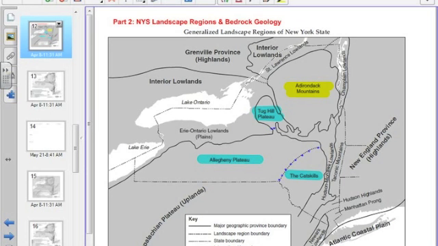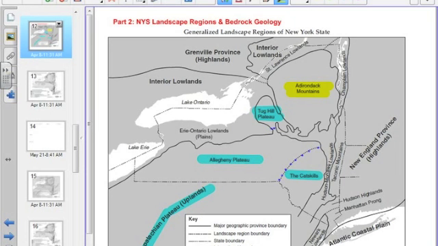But this is one very large plateau area. Speaking of large plateau, if we extend beyond New York State, the area into Pennsylvania that is called the Appalachian Plateau is also one large part of this plateau area.